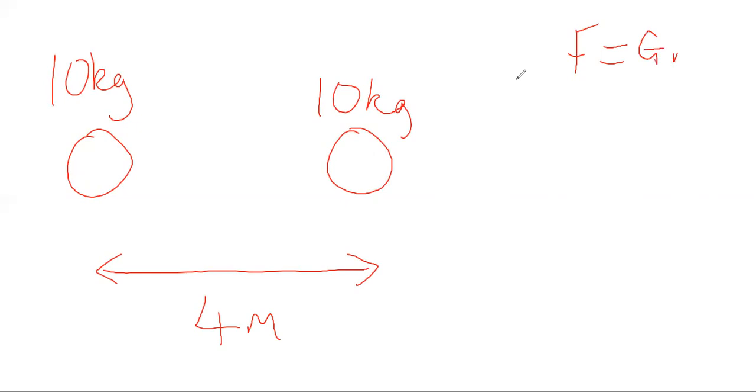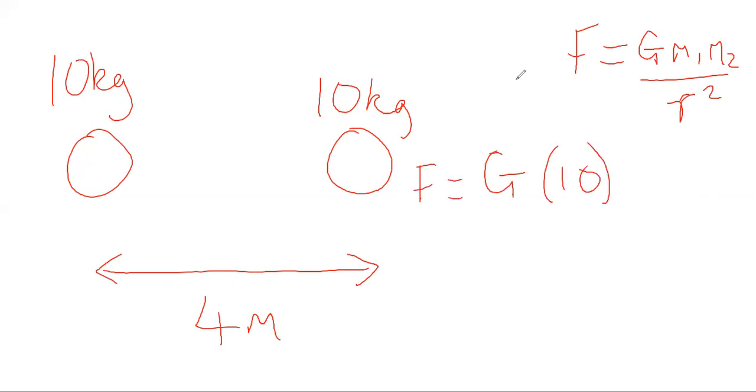Well, remember, we said that initially, if we just recap, our force was G times 10 times 10, so 100 over, initially it was 2 meters, so 2 squared. This is what we had before, but now it's 4. So how's that going to change?